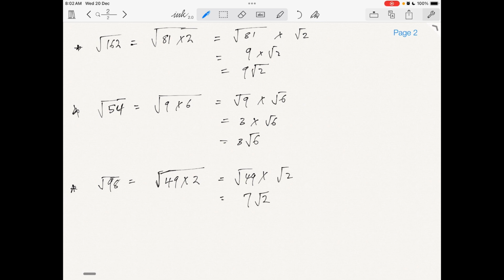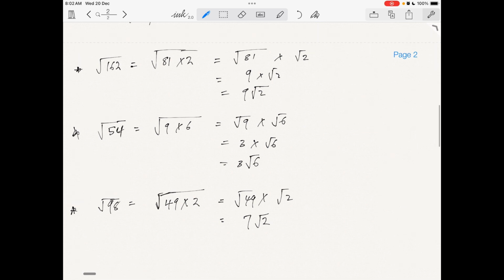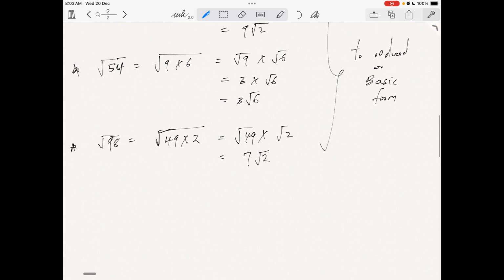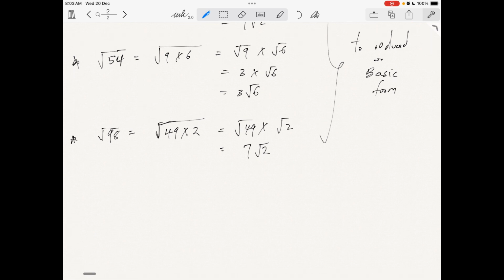Now this is the reduced or basic form, and we can now go backwards, taking it from the basic form to the complex form.